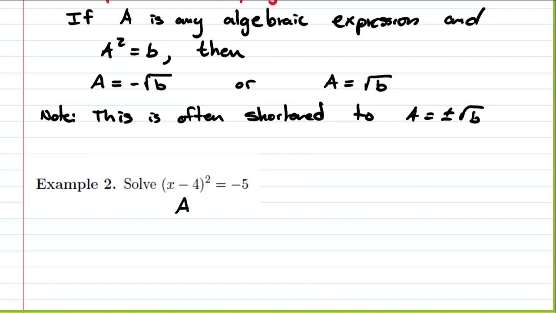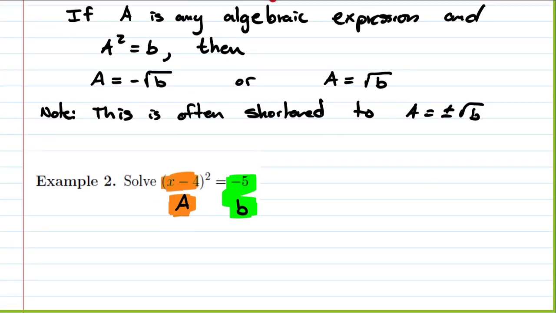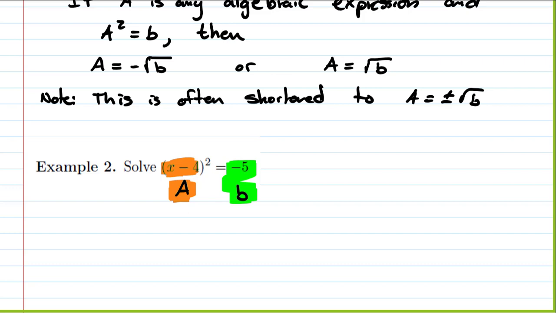So once again, we identify our A and our B. In this case, our A is going to be x minus 4, and our B is going to be negative 5. So then, according to the square root property, we get that A is equal to the negative square root of B.